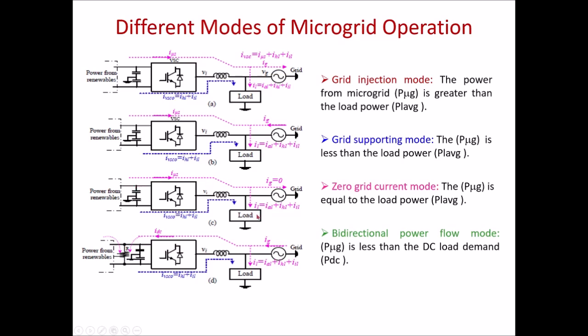That means there is a good enough power to supply the whole load. And the last one is bidirectional. The current is not only taken to the load, but also is given to the microgrid to charge the storage. So these are some operational modes of the microgrid.